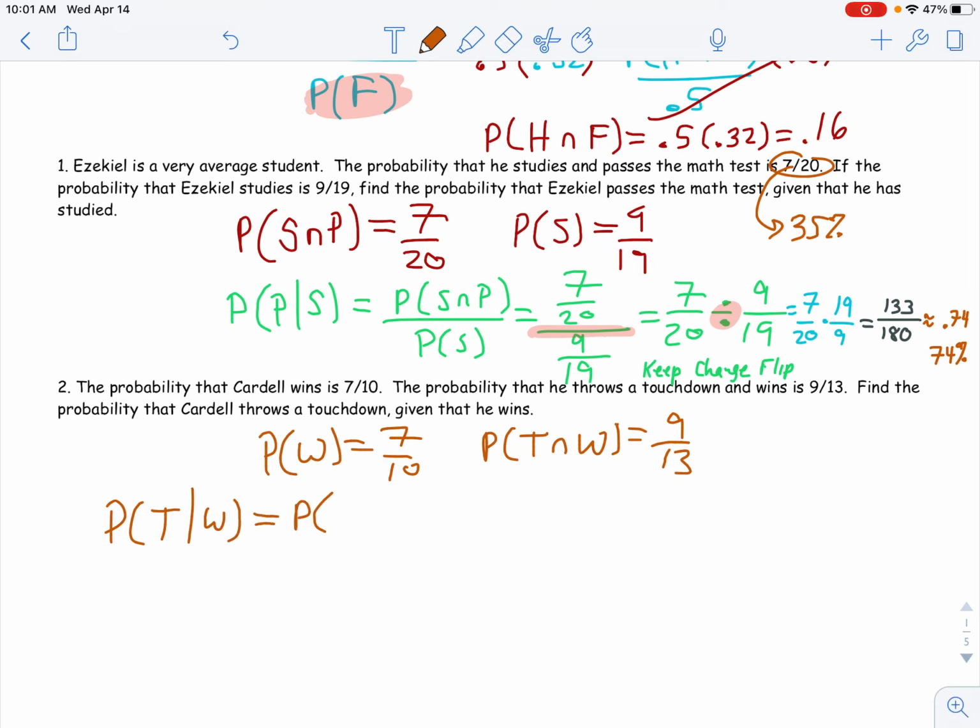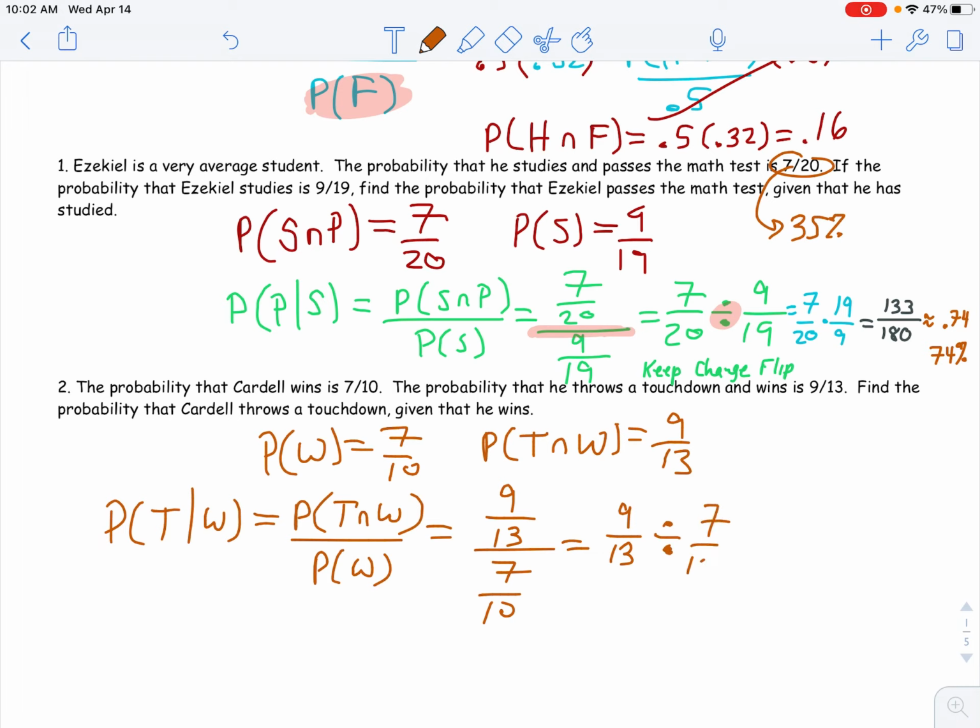So it's going to be the probability of a touchdown and a win over the probability of a win. So it's going to be 9 over 13 over 7 over 10. Remember, I'm just going to rewrite this fraction over a fraction using the divided by sign.